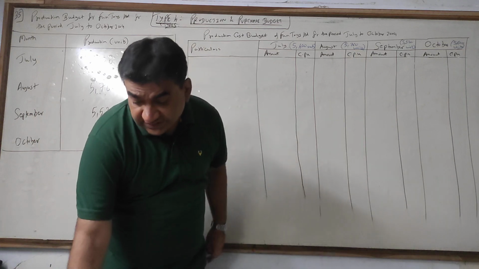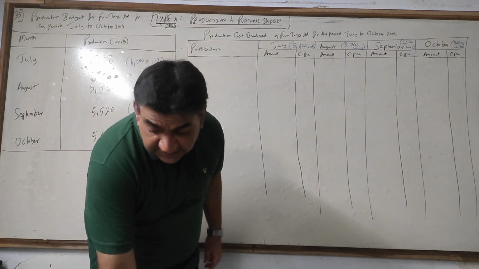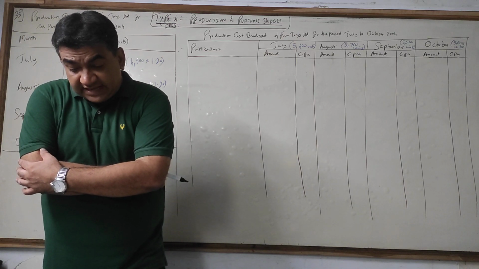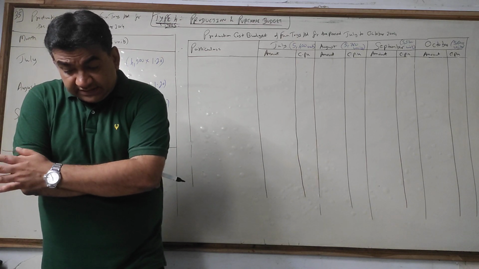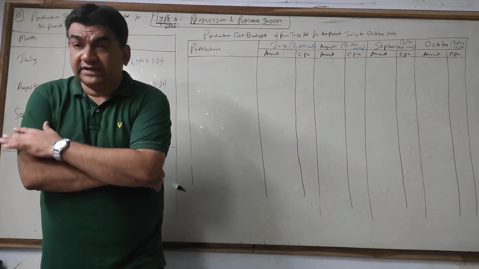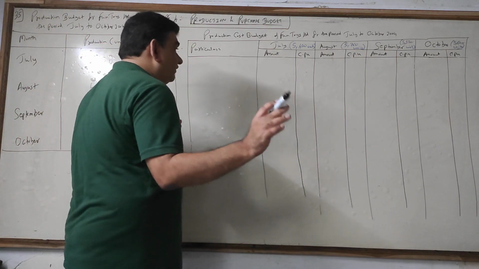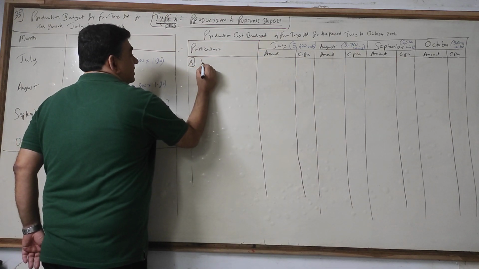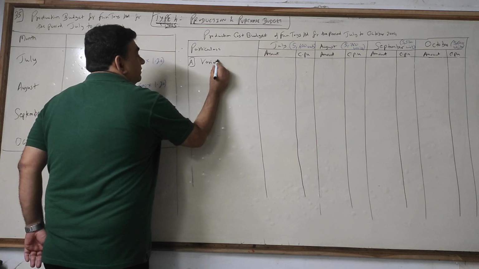Okay guys, now listen. Let's see the next part, the paragraph. Each toy requires direct material from a supplier. Then they have told you voice box, they have given you labor cost, and they have given you variable overhead. So all are a part of variable. So what we will do? Exactly the same heading. Give the heading A, variable overheads.